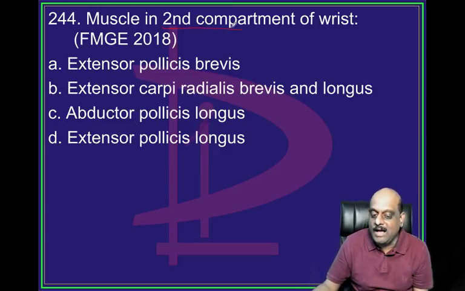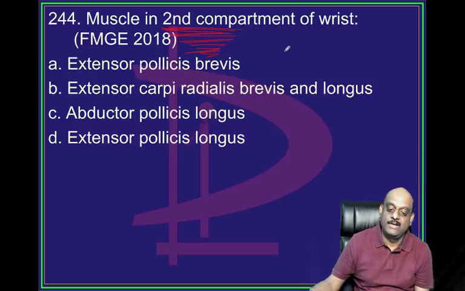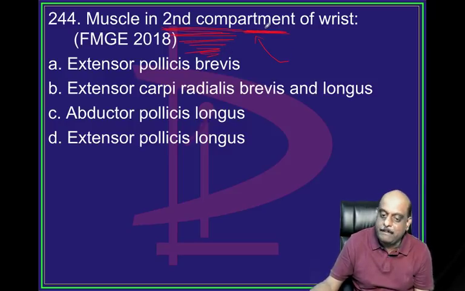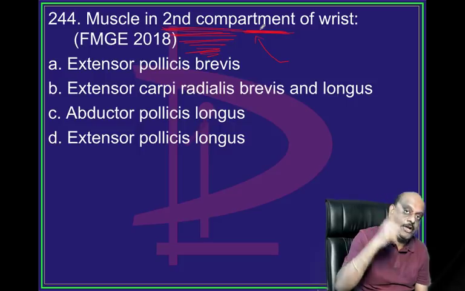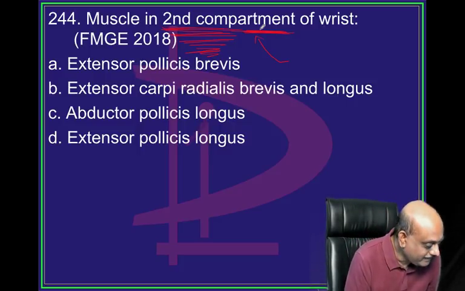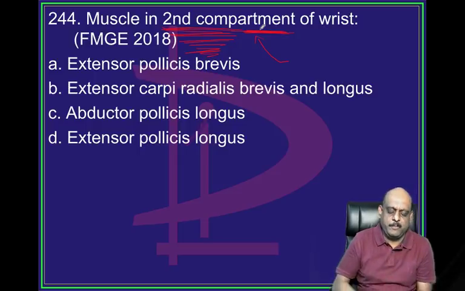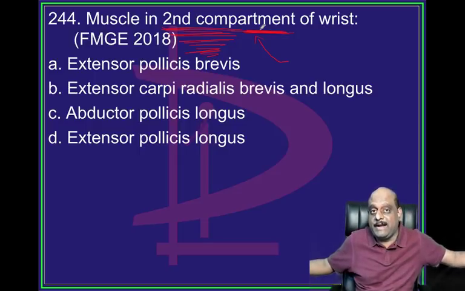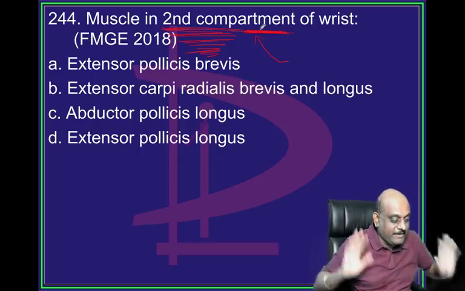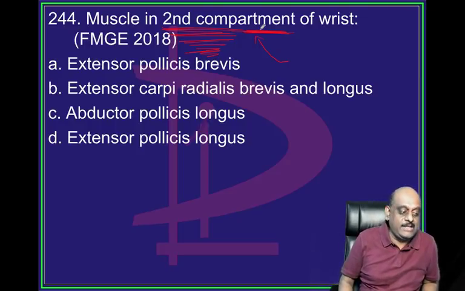You are the champion of champions. What is the muscle in the second compartment of the wrist? Who is going to give me the correct answer? Second compartment of the wrist, purely a rote-learning matter. No intelligence required. If you read, you will answer.